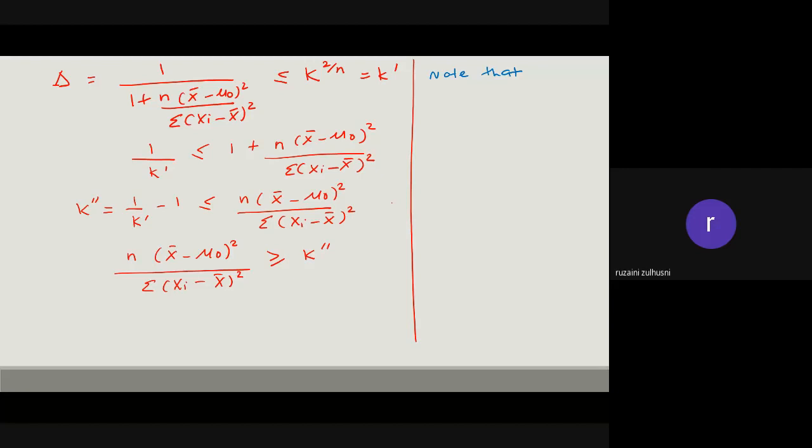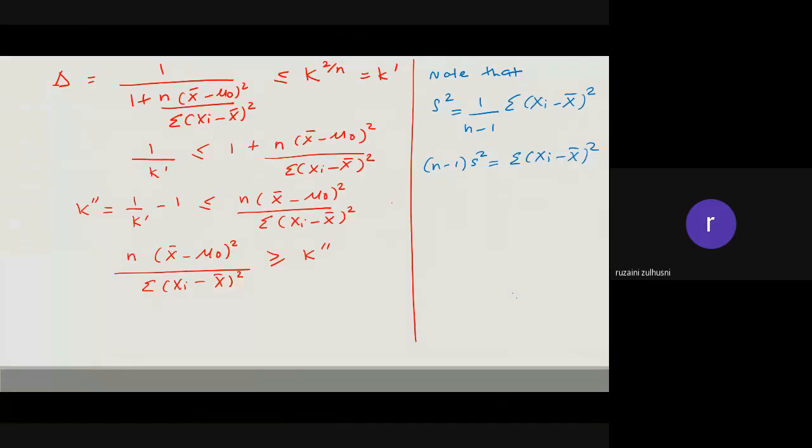Note that S square is given as 1 over n minus 1 summation xi minus x bar square. So that means I can write n minus 1 S square is equal to summation xi minus x bar square, so I can replace here.